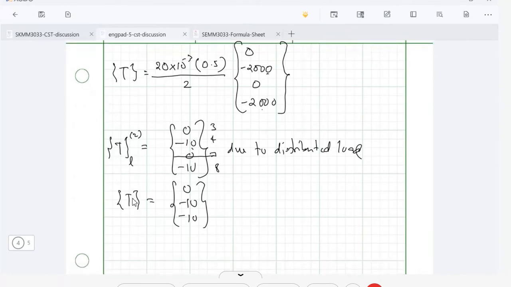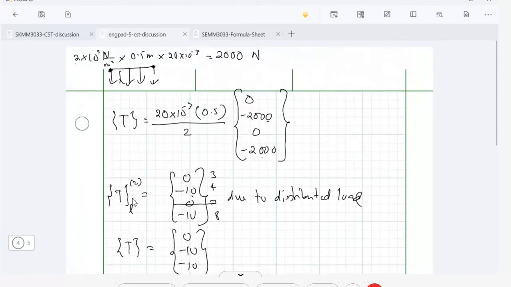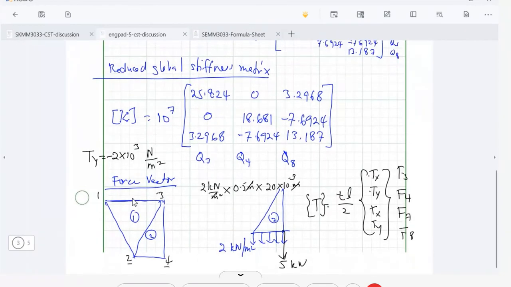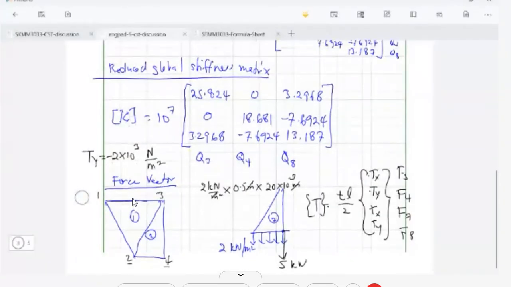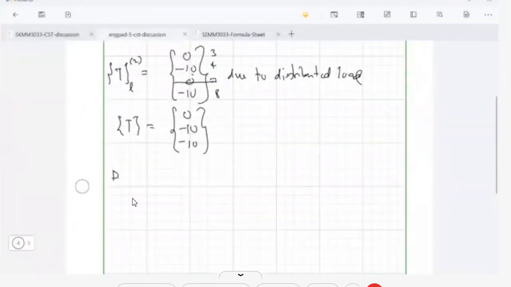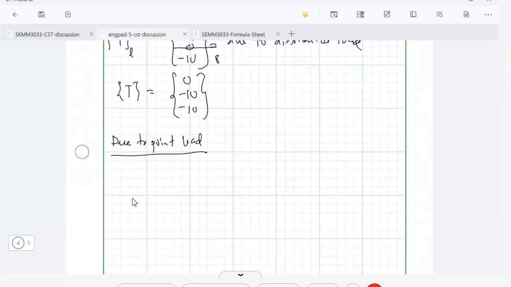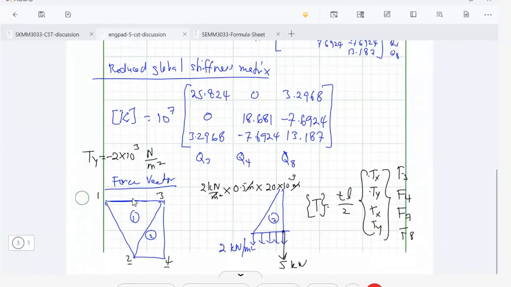Now, let's look at one more node, this one. So the force vector, and now this is due to point load. Due to point load, we note that our P is just at node number 4, going downward.